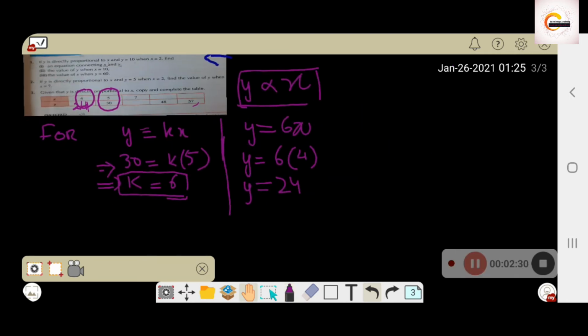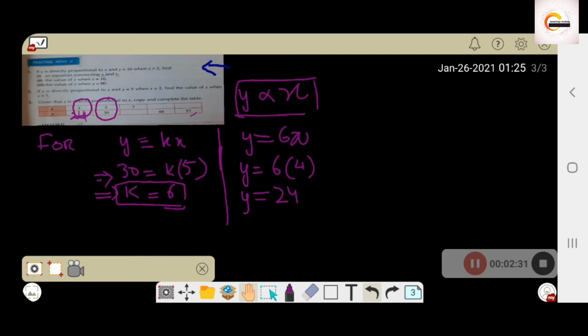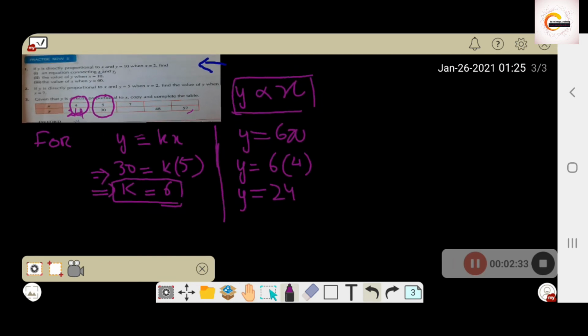So y is equal to 24 when x is equal to 4.